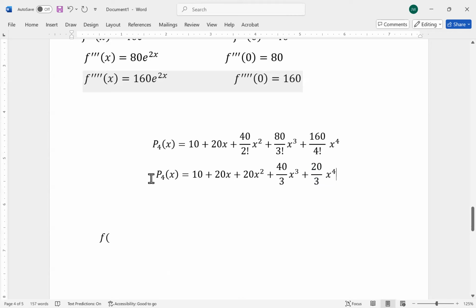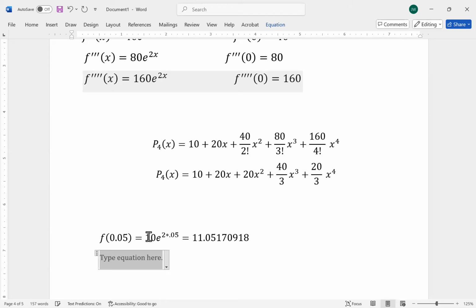So when I plug it into my calculator, I'll probably use this version. Again, we're plugging in 0.05 into the function. That's 10 times e to the 2 times 0.05. When I plug that into my calculator, I got about 11.05. I'm going to write all of the decimal places just to say what's going on.